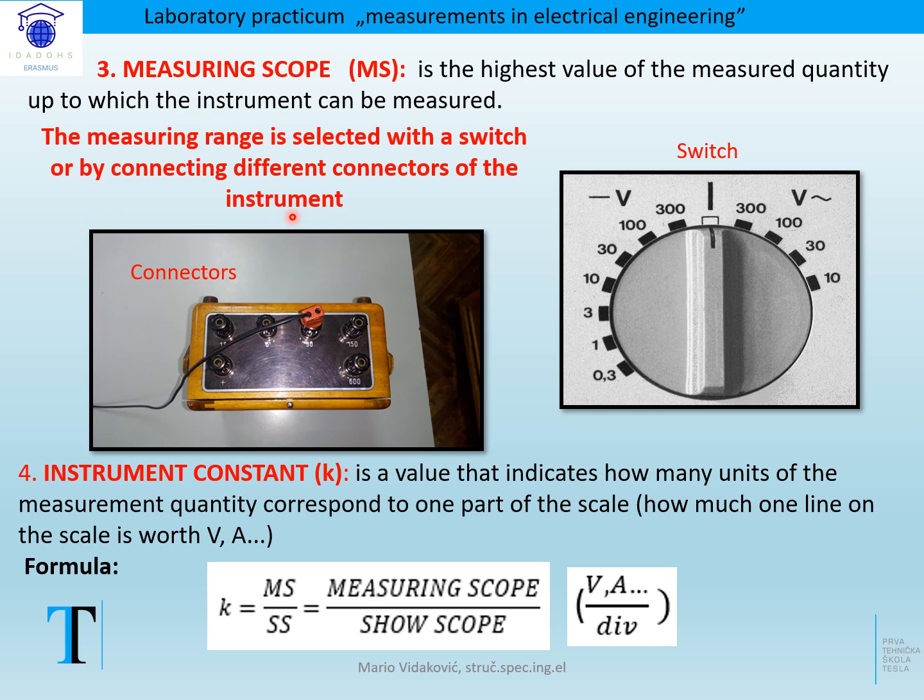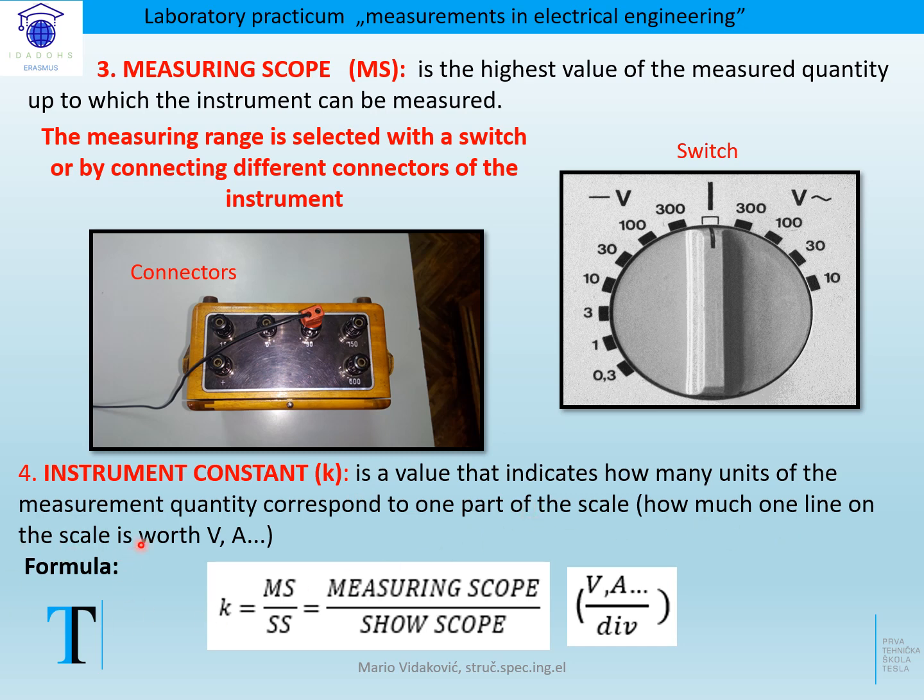After we choose the measuring scope, the pointer scope instrument constant K is the next value. By definition, it is the value that indicates how many units of the measured quantity correspond to one part of the scale. That means how much one line on the scale is worth in volts, amperes, or such.